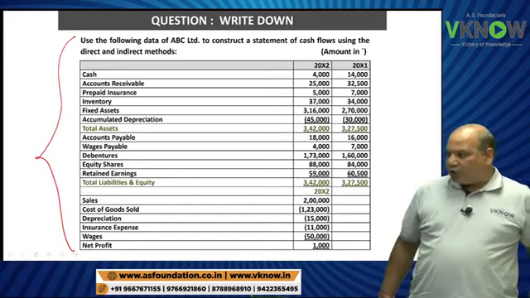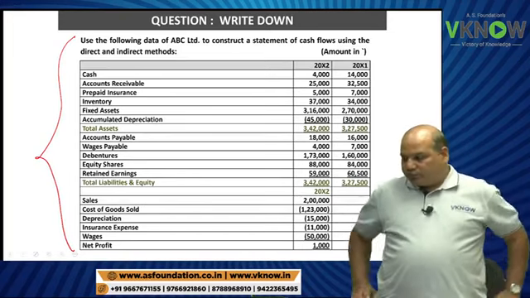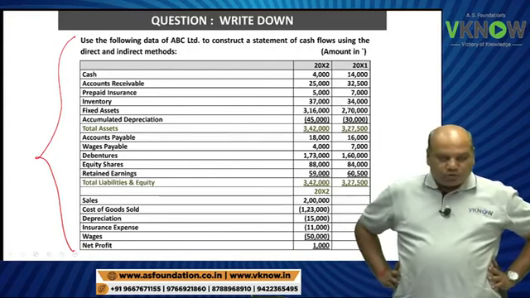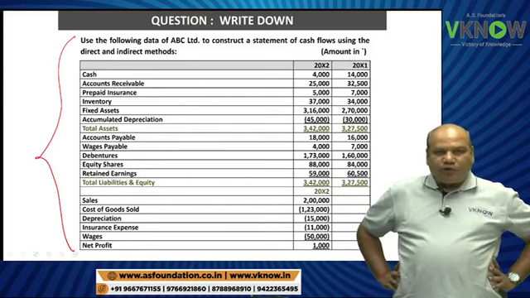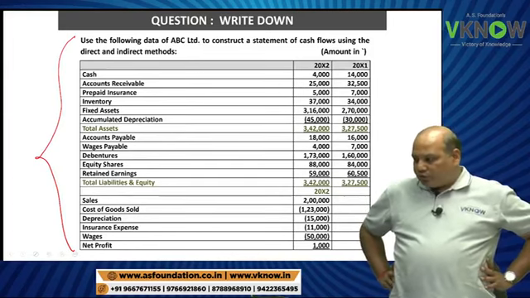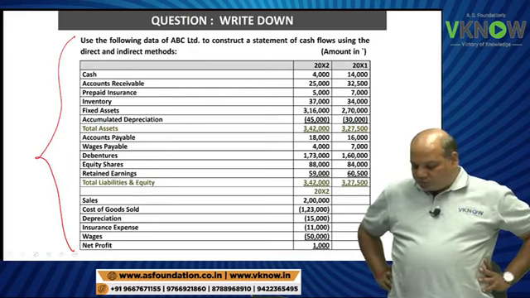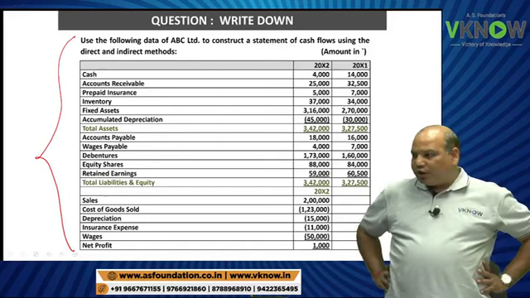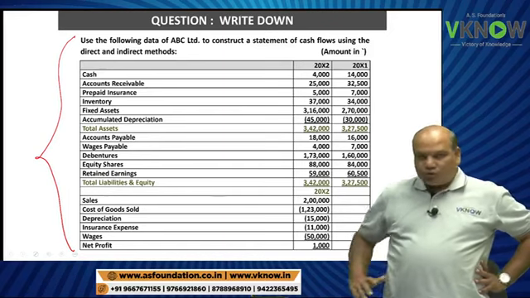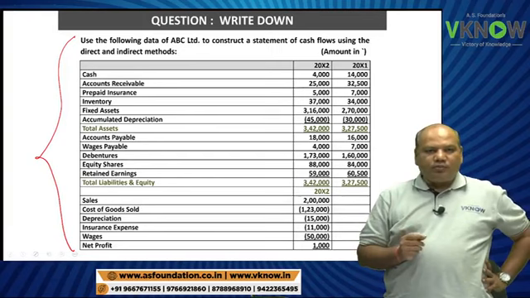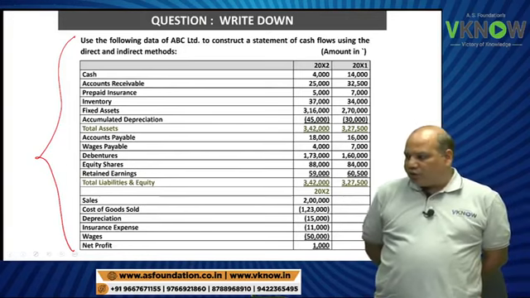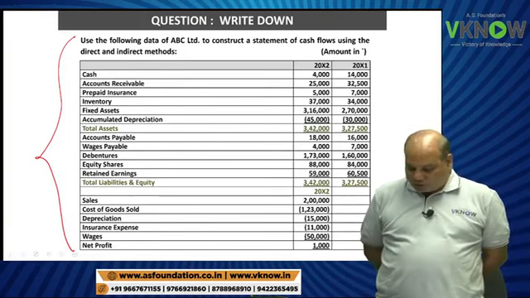Use the following data of ABC Limited to construct a statement of cash flow using direct and indirect method. So the same question they are asking you to solve twice, direct and indirect method.